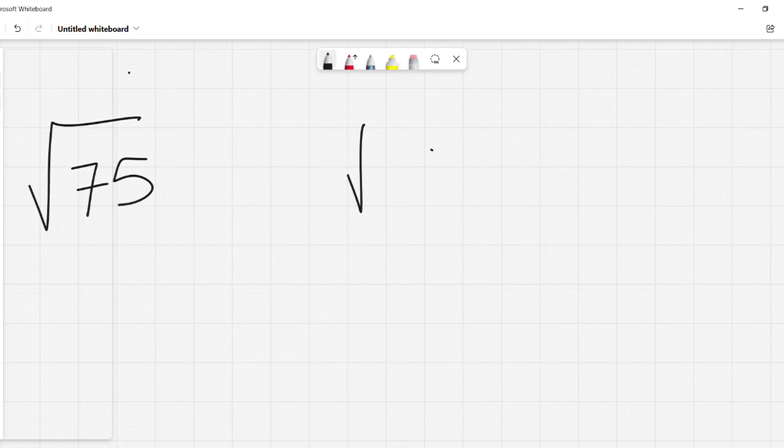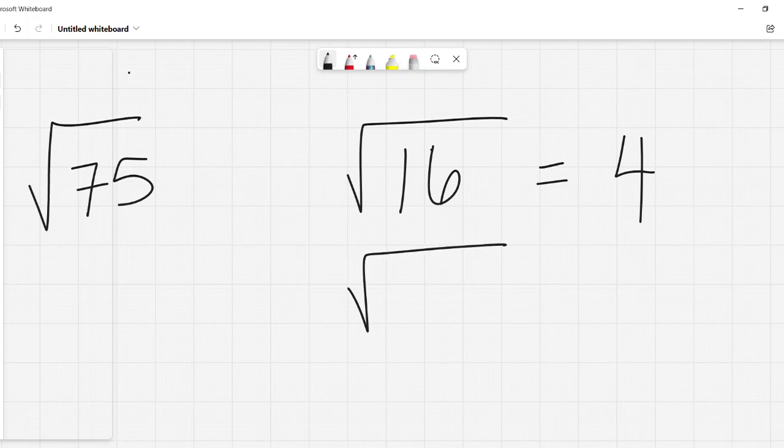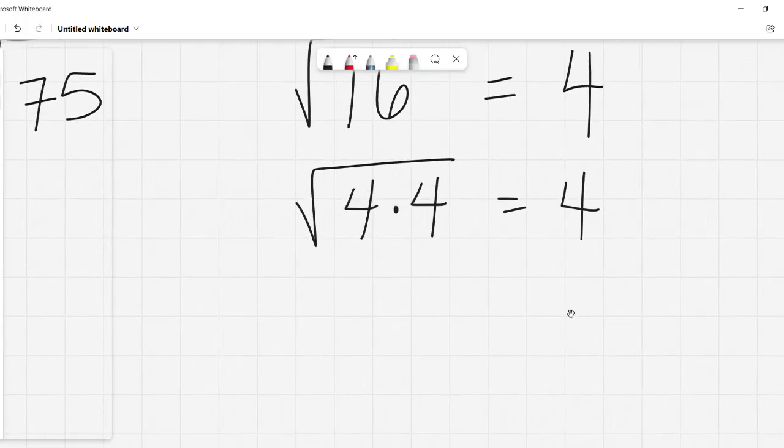If I said square root of 16, you might say, okay, square root of 16 is 4, because 4 times 4 is 16. And you could write it like this: square root of 16 is 4 times 4. So you go, okay, that's 4. Well, there's also another way you could write it.